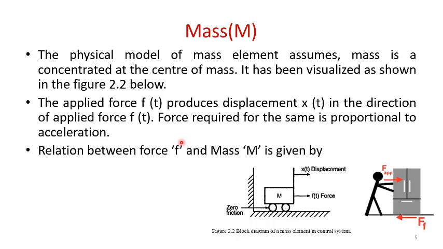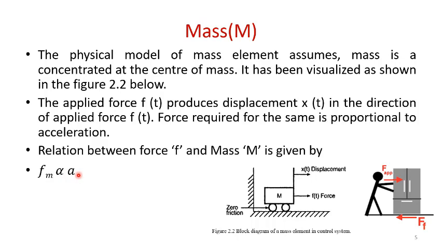The relationship between force and mass is that force is directly proportional to acceleration. The reactive force, that is the frictional force, which we have represented as Fm, is directly proportional to acceleration, with M representing the mass.